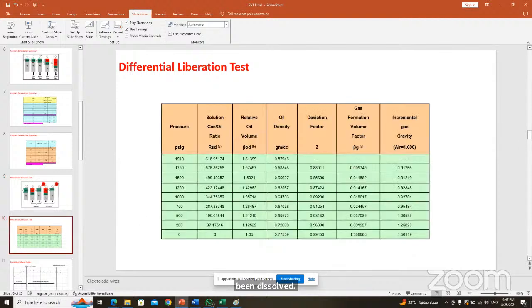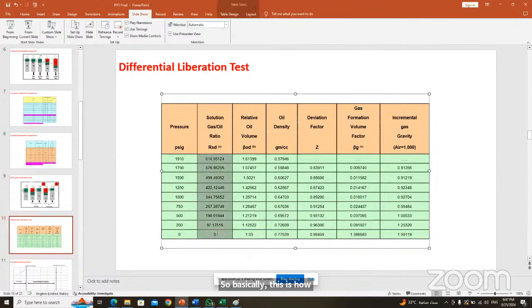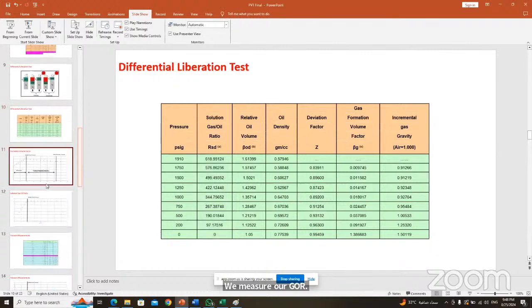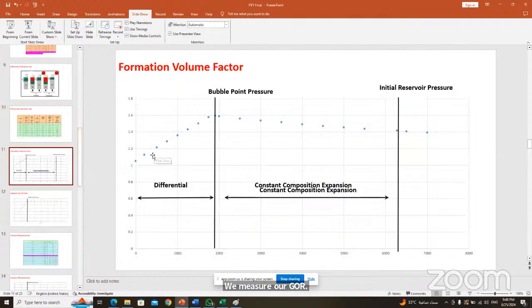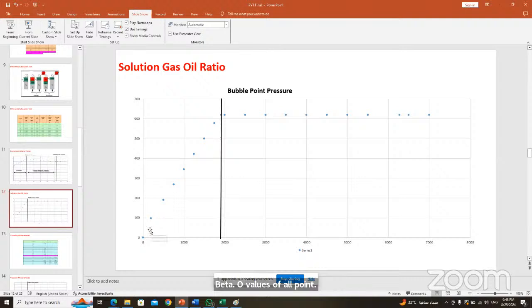This is how we measure our GOR. Now we have beta O values below the bubble point, and we have our Rs curve.